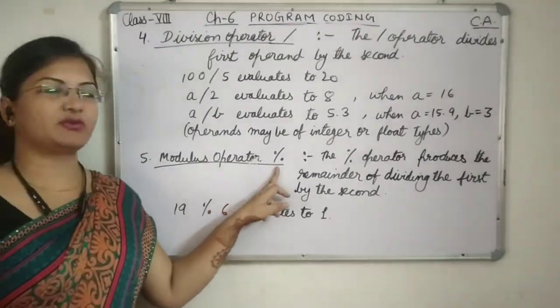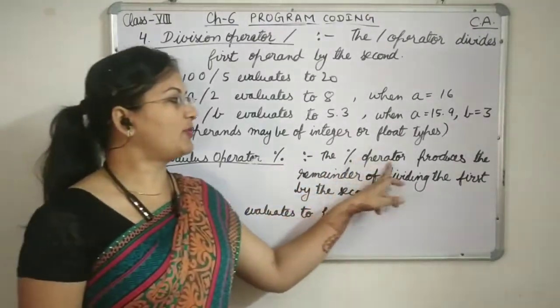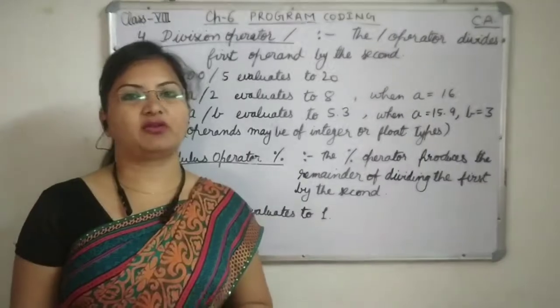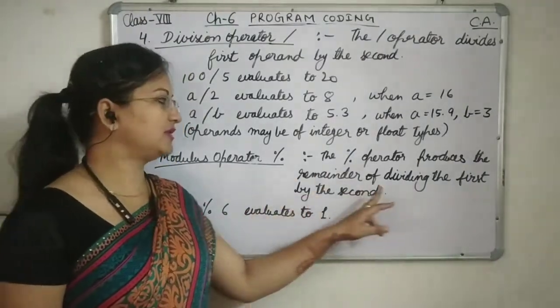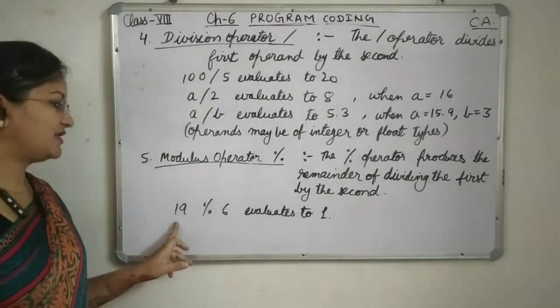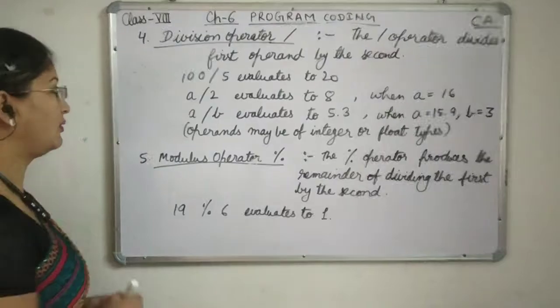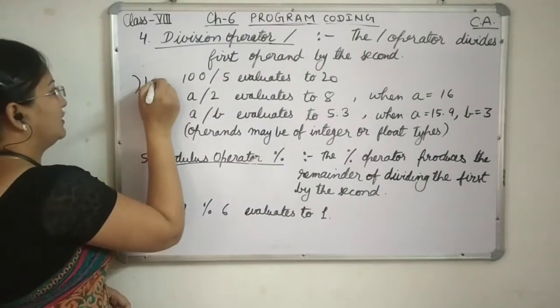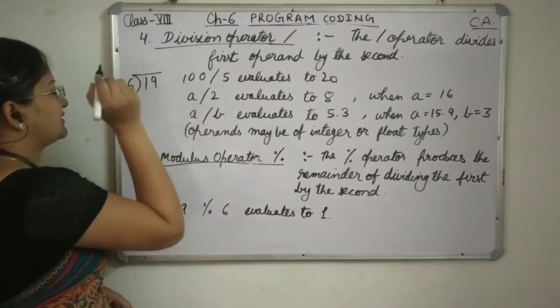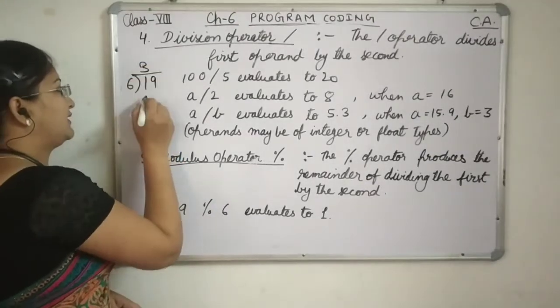Now students, next is the modulus operator. For the modulus operator, we will use this symbol. This is known as modulus. The modulus operator produces the remainder. Got it? It will divide the first value by the second value, but it will give us the remainder. Let's see the example. 19 modulus 6 will be 1. How? 19 divided by 6. 6 3s are, you know very well, 18.